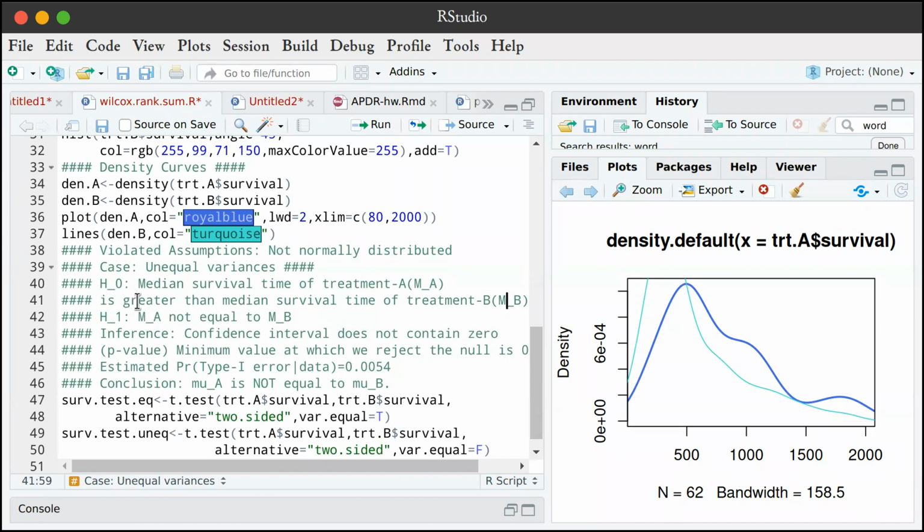That goes down here, my bad. So greater than is the alternative. The null is less than or equal to, the opposite of that.